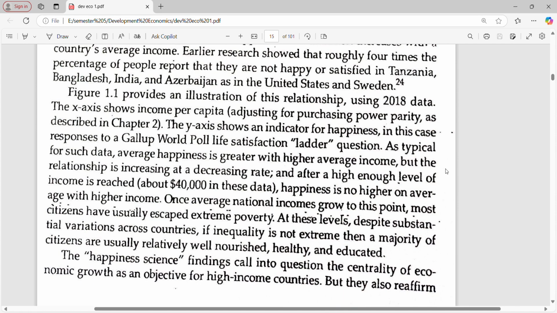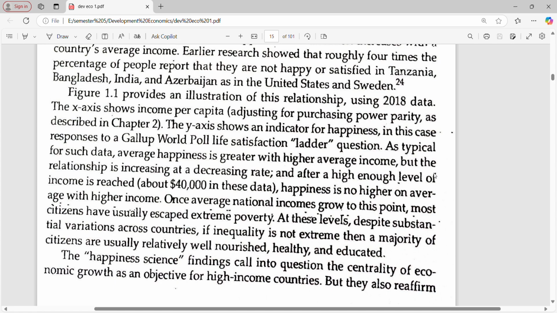So happiness as a part of human well-being plays a key role in development. Economists including Amartya Sen argue that happiness can be an important functioning contributing to well-being. Studies show a relationship between income and happiness, but this connection varies significantly across countries.